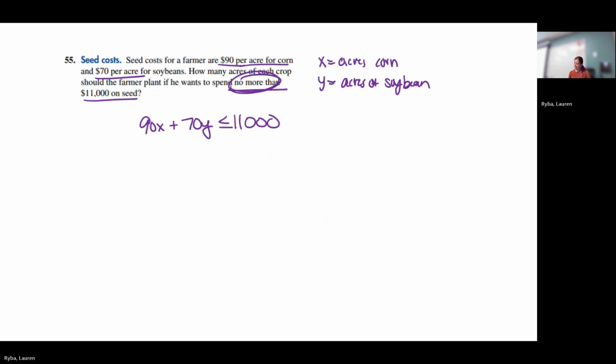Now, can I have negative acres? Am I going to be able to graph anywhere in a negative quadrant? No, I can't plant negative acres of corn. That doesn't work. So we don't just actually have one equation. We also have to say that X has to be greater than or equal to 0, and Y must also be greater than or equal to 0.